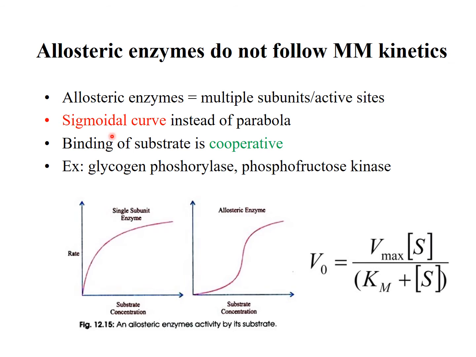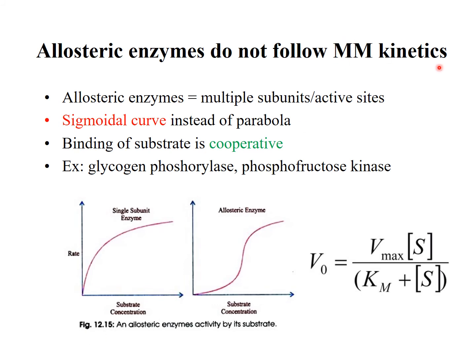That is because the binding of substrate into the allosteric site of an allosteric enzyme is cooperative in nature. In other words, the binding of the first substrate into the first allosteric site will promote the binding of a second substrate into a second allosteric site, and therefore you get this exponential increase of your initial velocity rather than a gradual increase of initial velocity in the case of Michaelis-Menten kinetics.